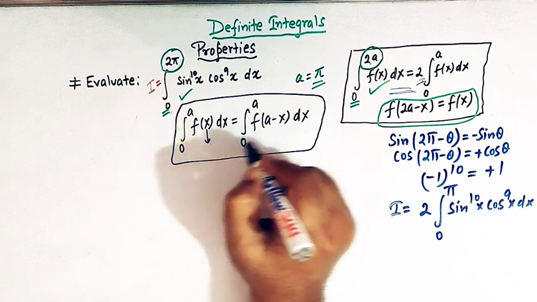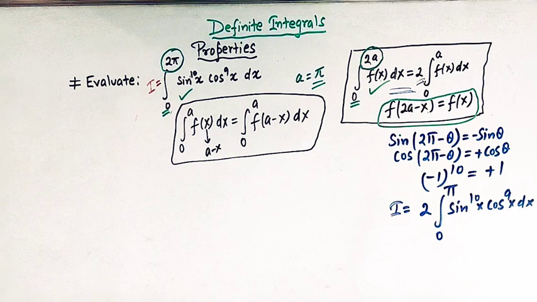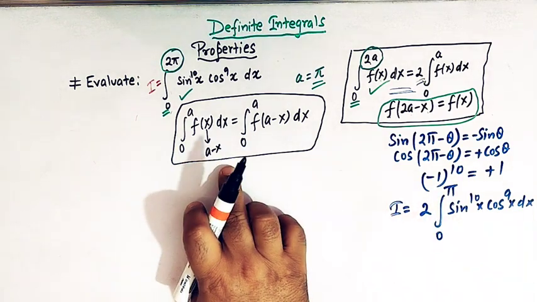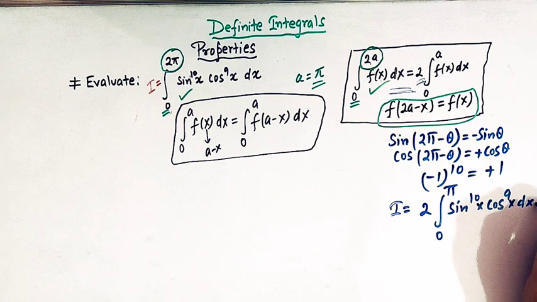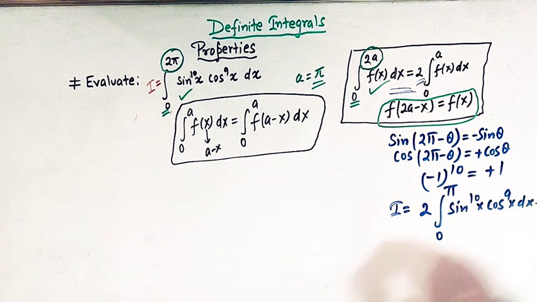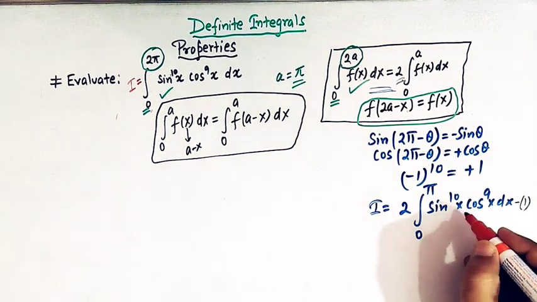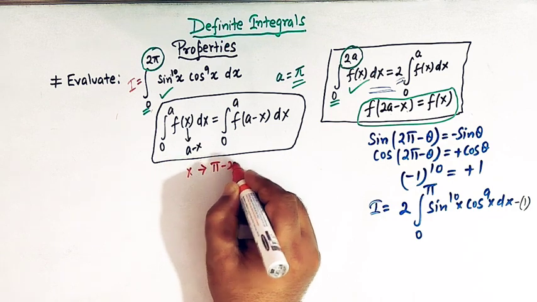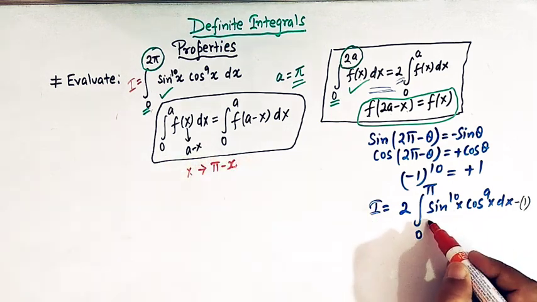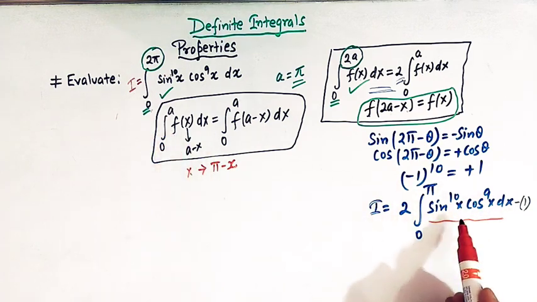So x is replaced by a minus x. We'll apply this property to this integral, which we call integral 1. So let us replace x by pi minus x in this integral.